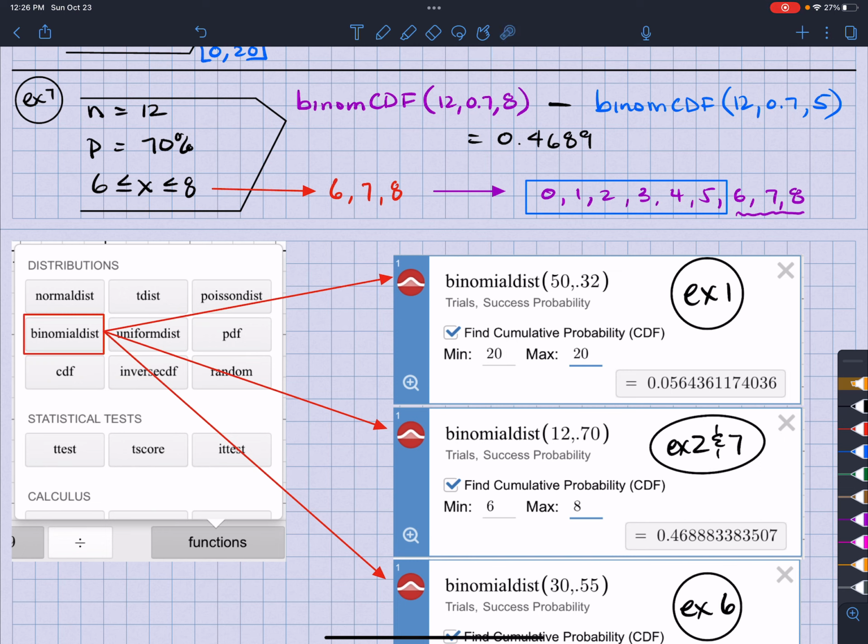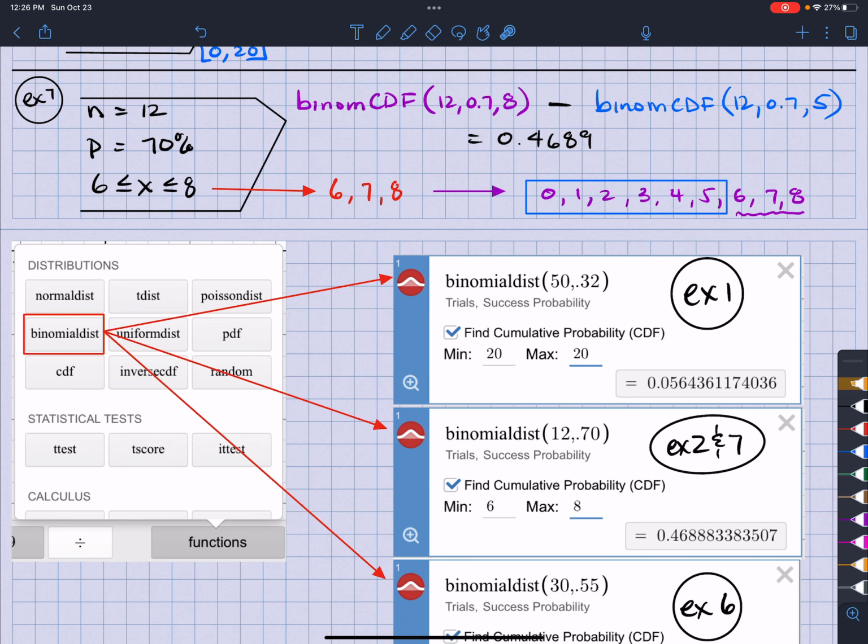All right. So what about Desmos? Well, if you're not using Desmos, you guys can end the video. But if you're using Desmos, here it is. So if you go into functions and scroll down to distributions and hit binomial dist. That is going to be asking for trials, comma, success probability.